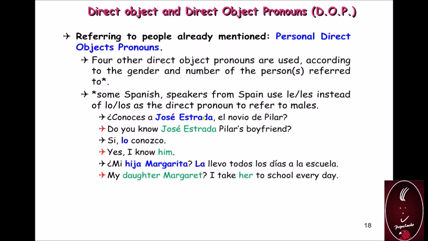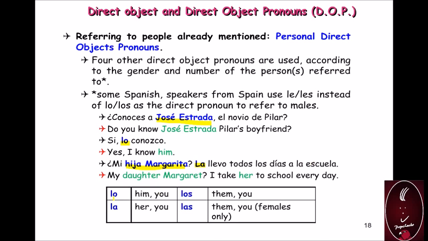¿Conoces a José Estrada? El novio de Pilar. José Estrada is the direct object. We replace it with lo. Sí, lo conozco. Mi hija Margarita. Mi hija is the direct object, feminine singular. I replace it with la. La llevo todos los días a la escuela.